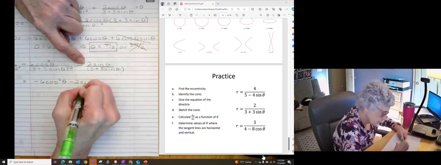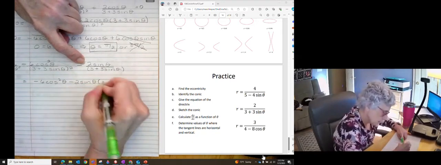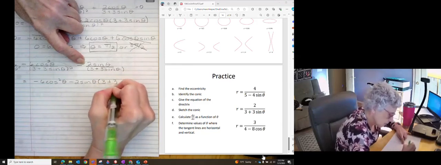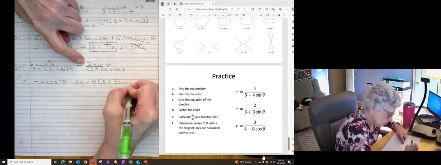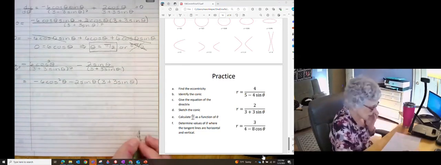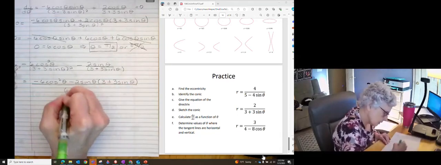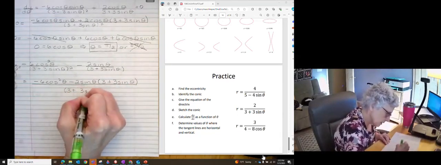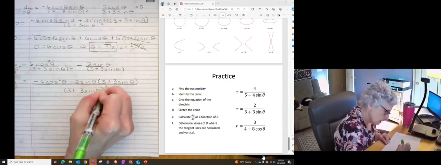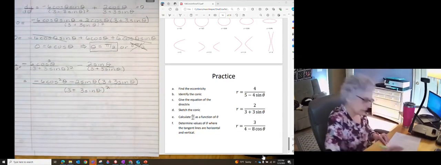Then I have minus 2 sine theta times 3 plus 3 sine theta. And all of that will be over 3 plus 3 sine theta squared.